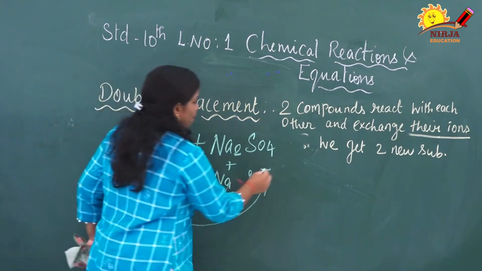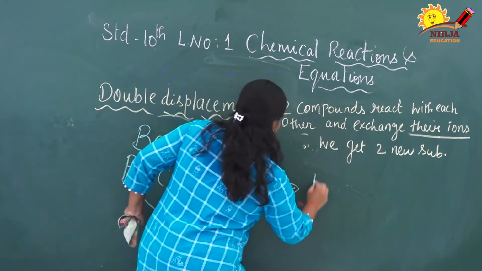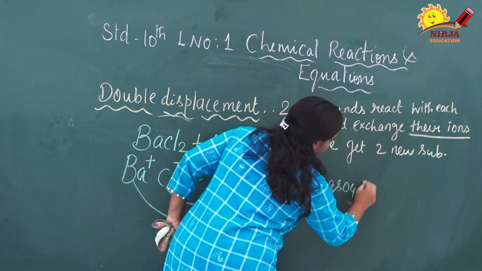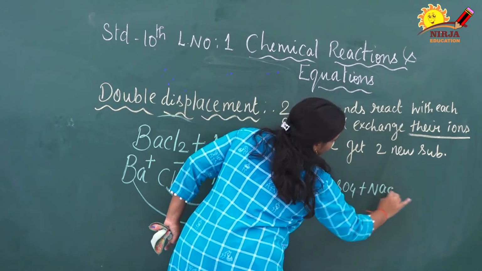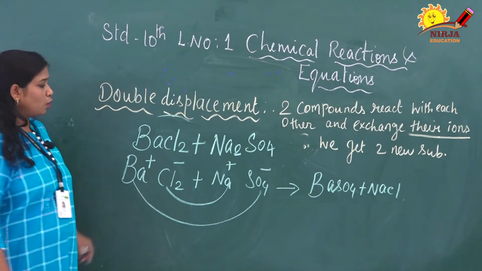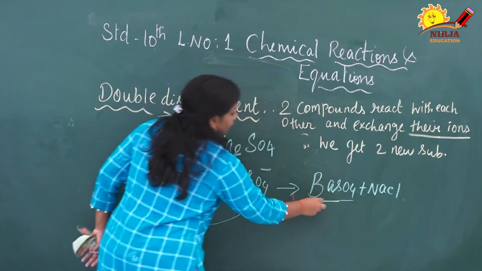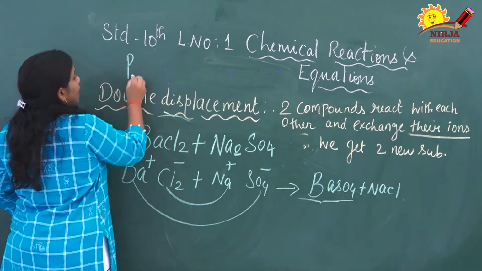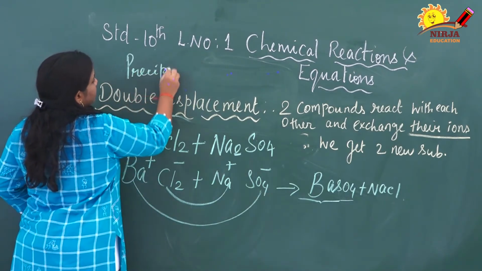So, what are the products? Barium sulfate plus sodium chloride. Here, this double displacement reaction we can also call a precipitation reaction.